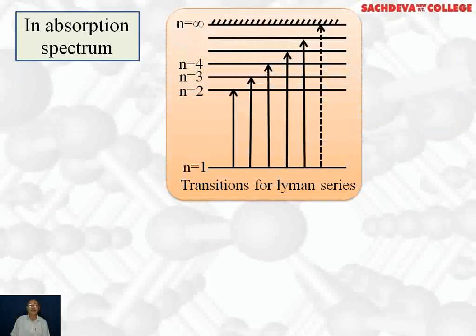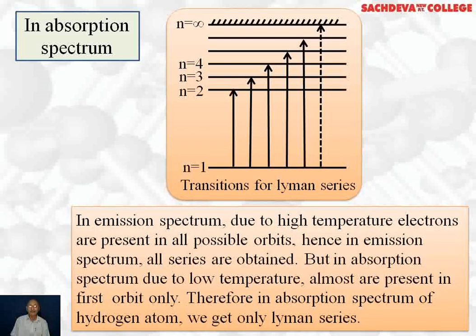In absorption spectrum, the lines are shown like this. These are transitions for Lyman series, where electrons are going from first energy level to various energy levels. In emission spectrum, due to high temperature, electrons are present in all possible orbits, hence in emission spectrum all series are obtained. But in absorption spectrum, due to low temperature, almost all the electrons are present in first orbit only.